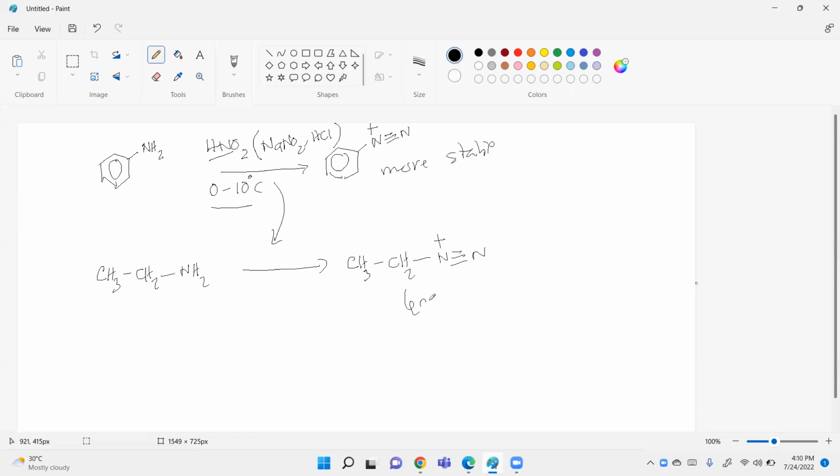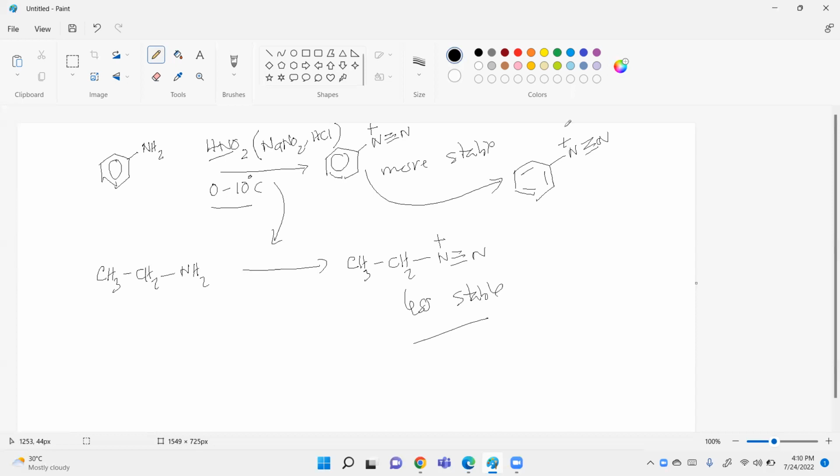And this is less stable. Only thing is this: in this, there are double bonds. N plus triple bond N.